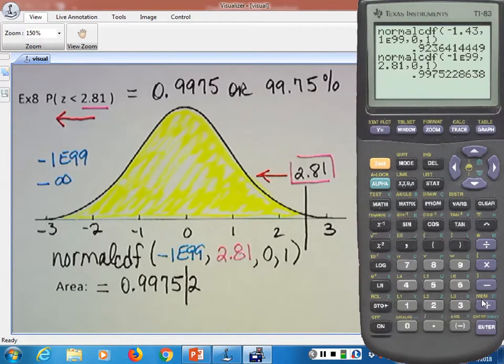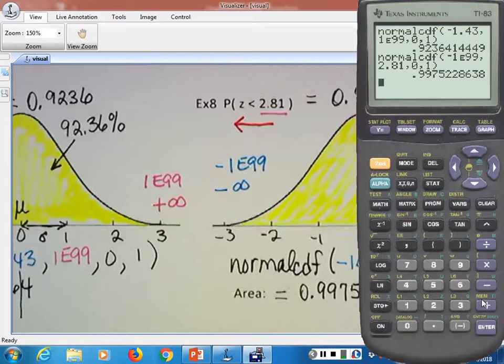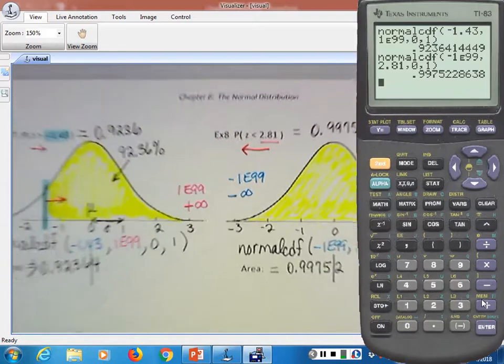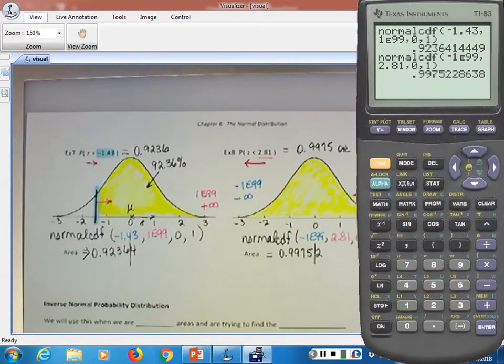Yes? So I'm having trouble telling if it's going to be the low or the high when there's only a number. Look at which way the arrow points. Shade your curve the direction that the arrow points. The picture should tell you which is low and which is high.